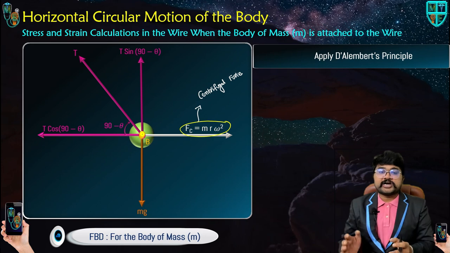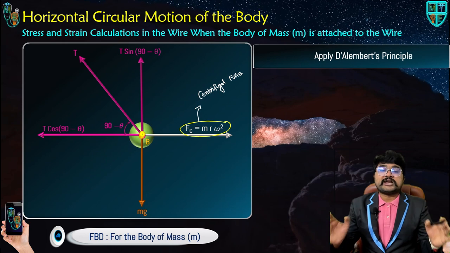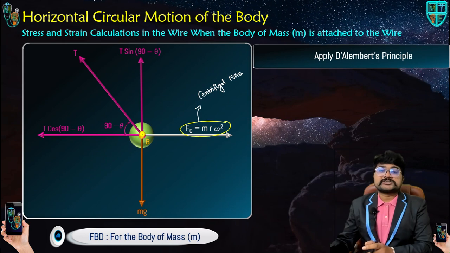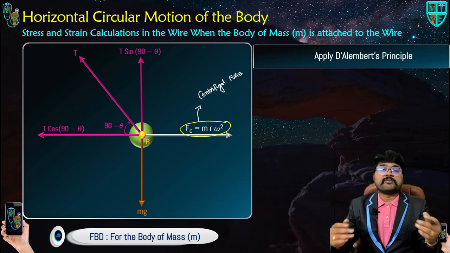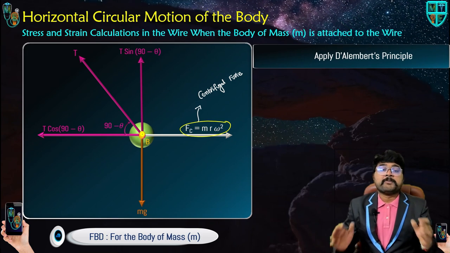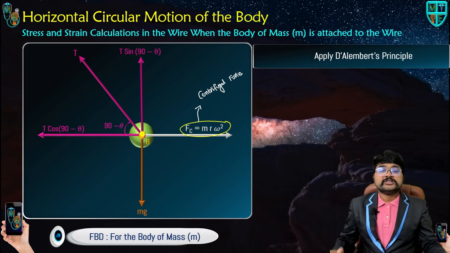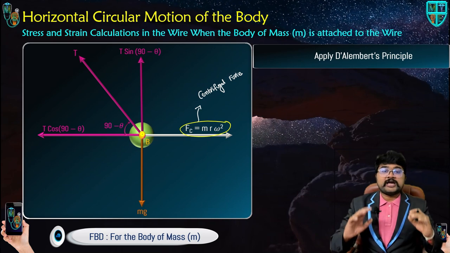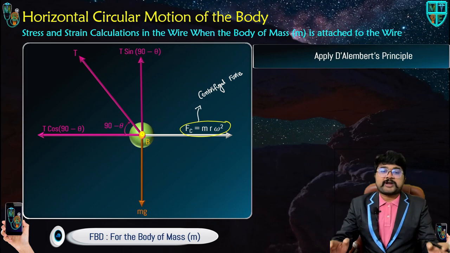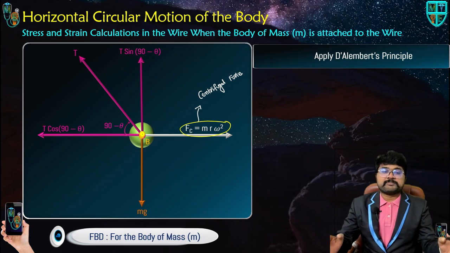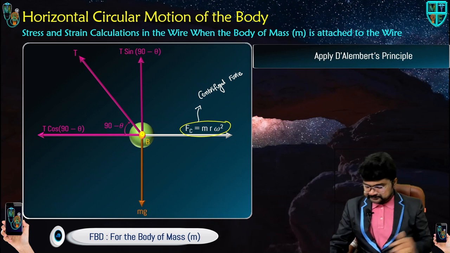In circular motion, you represent the centrifugal force opposite to the direction of centripetal acceleration. That means the circular motion of the body is nullified by representing the centrifugal force in the free body diagram. This is the way to convert a dynamic problem into a static problem and the procedure to apply D'Alembert's principle. Straight away you can apply static equilibrium equations.